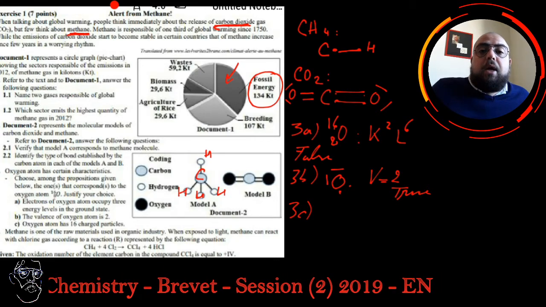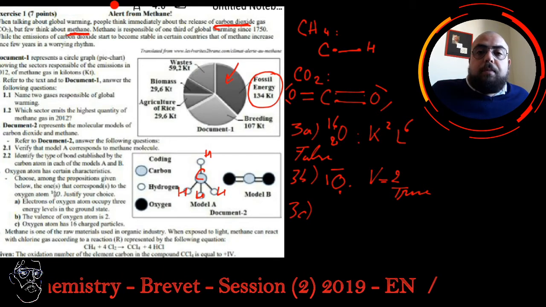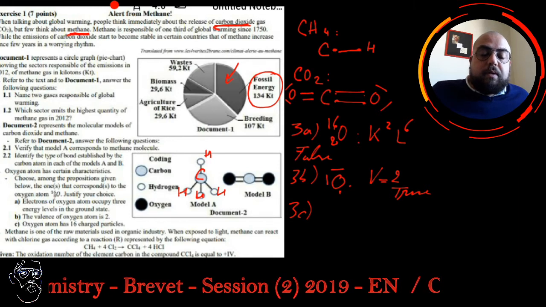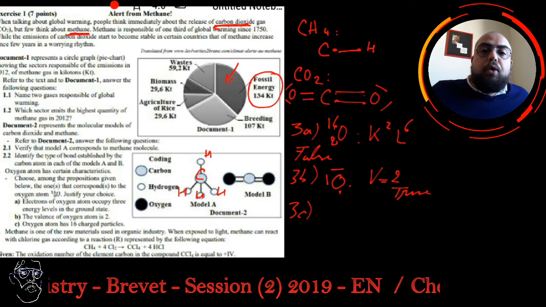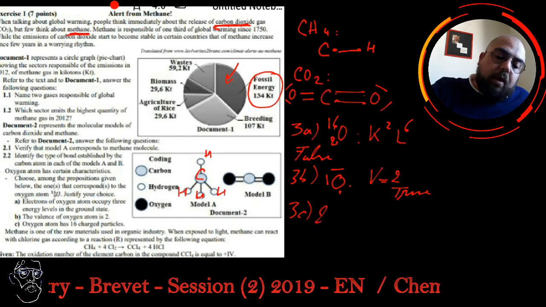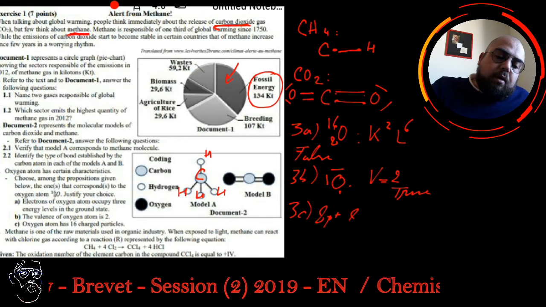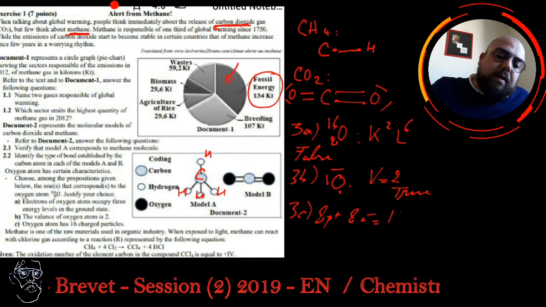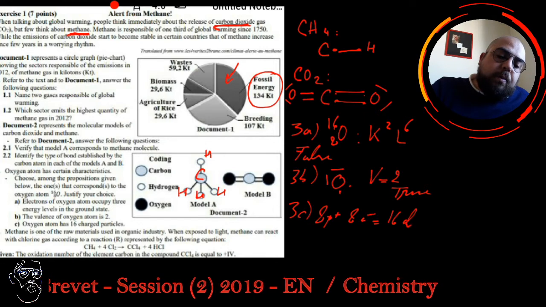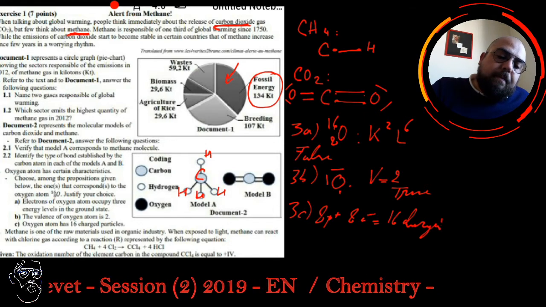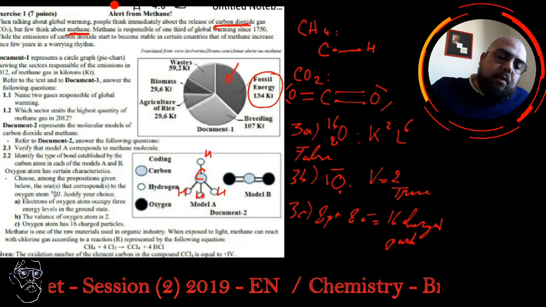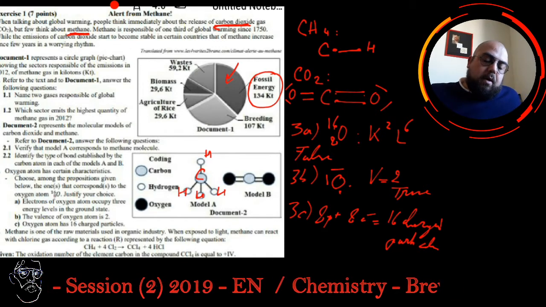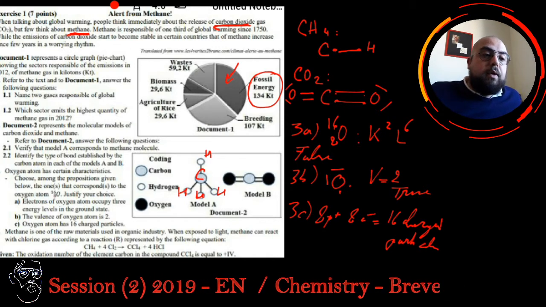And since it's a normal atom in its ground state, it will have 8 protons and 8 electrons. So in total I will have 16 charged particles. All right, this was for part 3c.